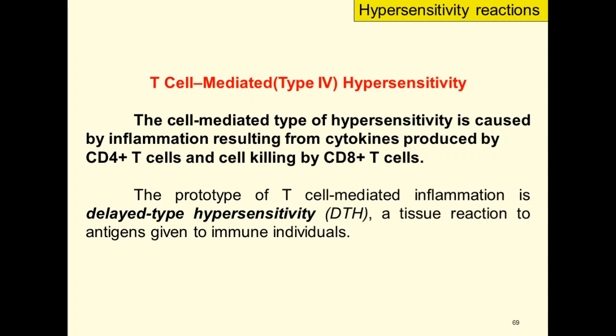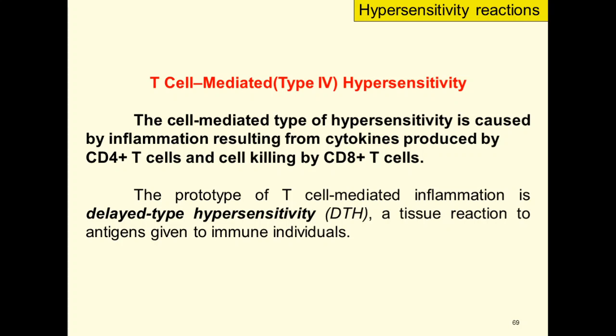Also, in some literature, you can find that the fourth type of hypersensitivity is the so-called delayed type hypersensitivity. The first three, first, second, and third, are immediate type hypersensitivity.